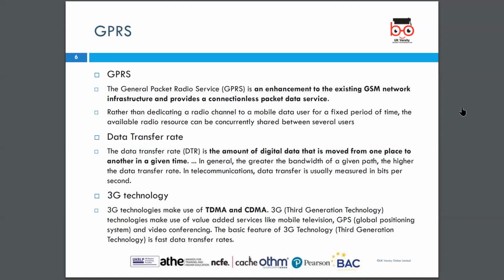We also have GPRS, which is an enhancement to the existing GSM network infrastructure, and it provides a connectionless packet data service. Then we have DTR, which is data transfer rate, and it is the amount of digital data that is moved from one place to another in a given time.